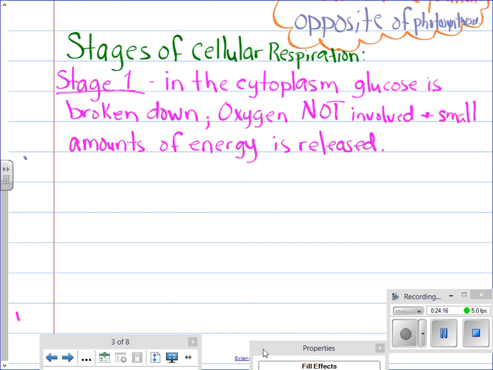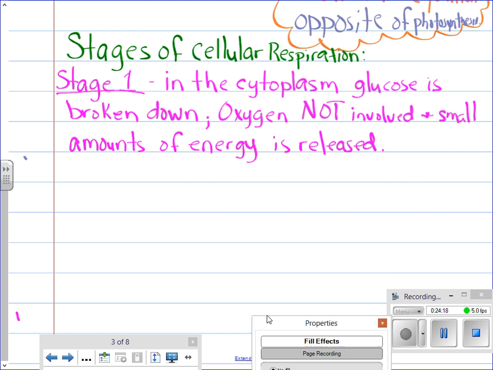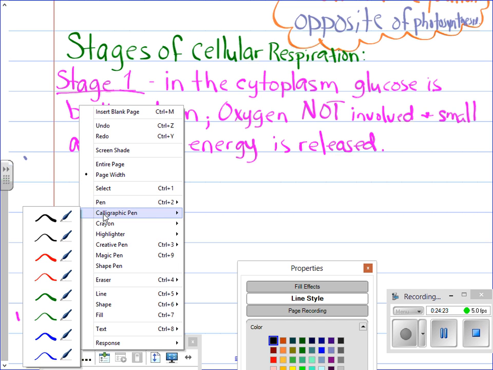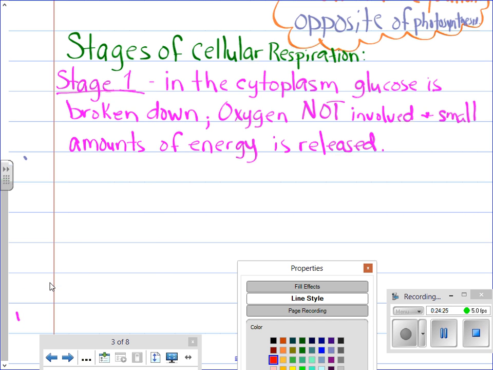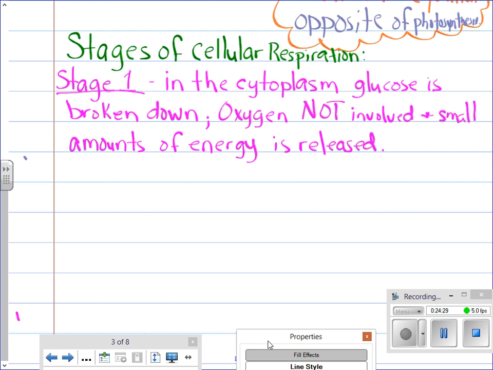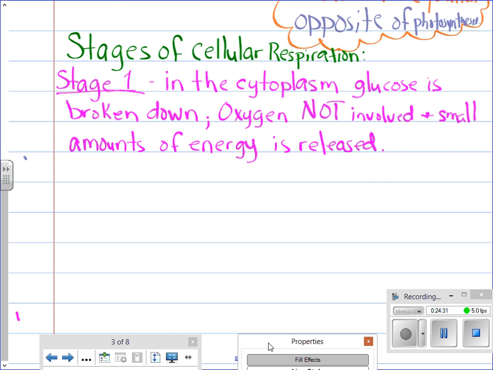Where do you think that the majority of the amount of energy is going to take place? In what part of the cell? Nope, that's not the cell. This is not the plant cell we're talking about. But look in your notes.